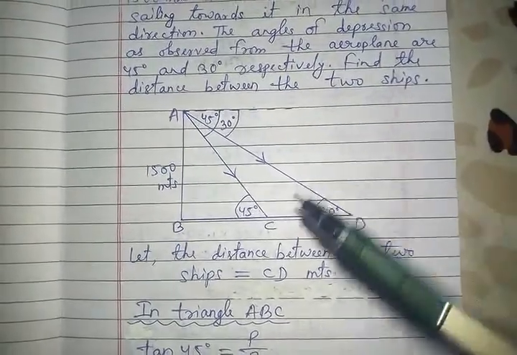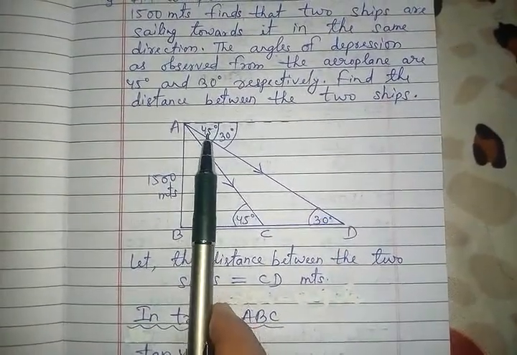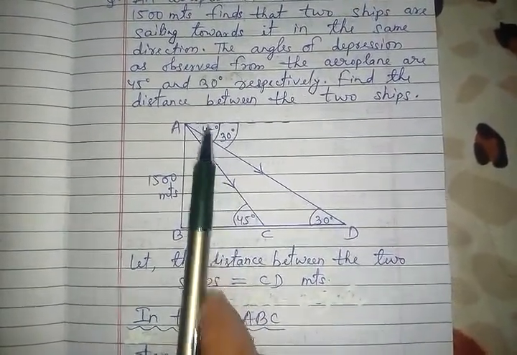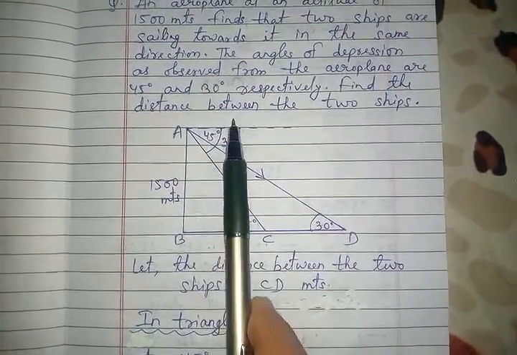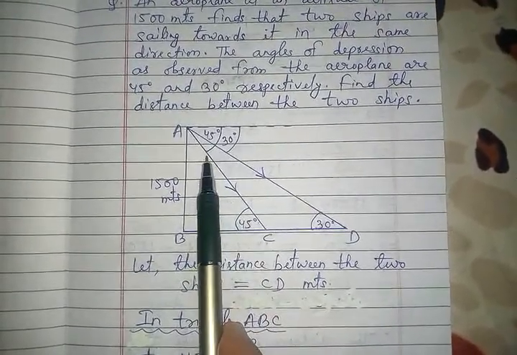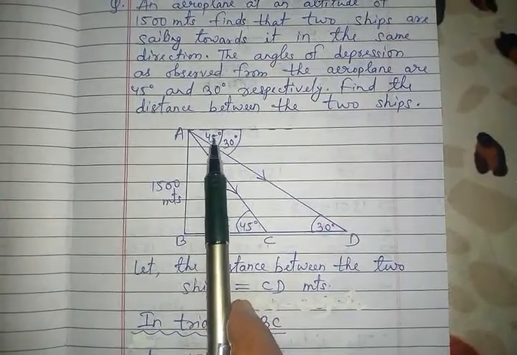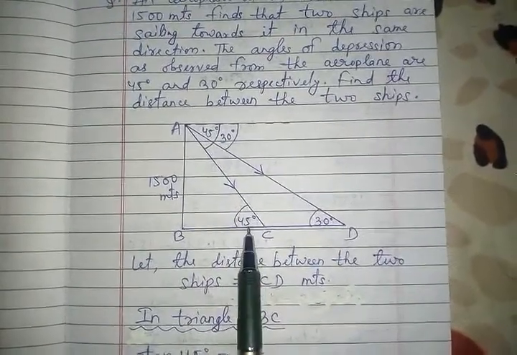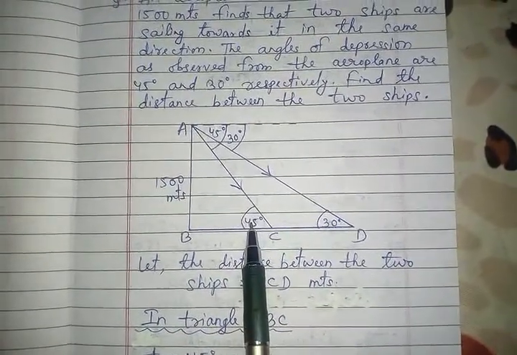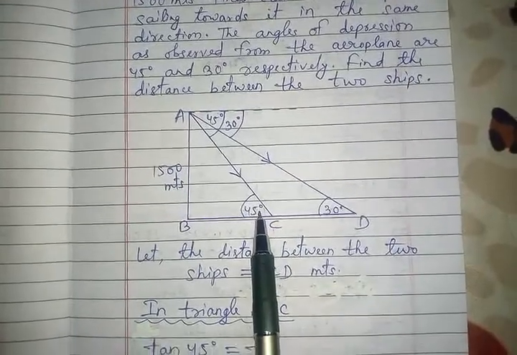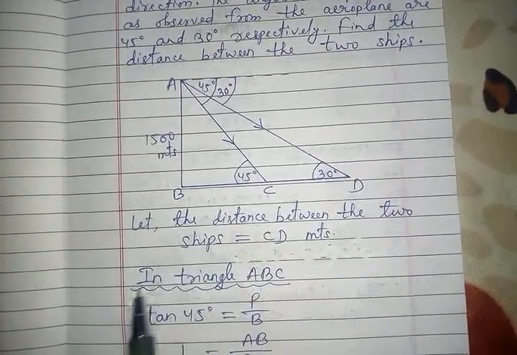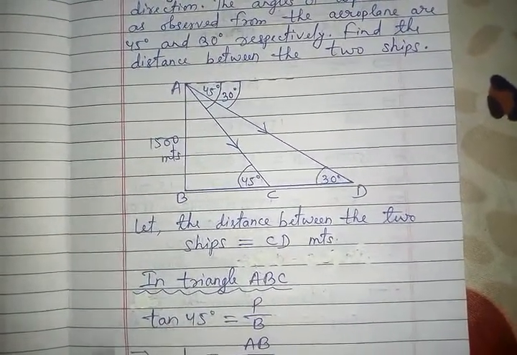Now you might be asking, sir, how did this 45 come here, how did this 30 come here? Actually this 45 and this 45 are alternate angles. If I make 45 degree here, I have no use for this 45 degree, but when it comes inside the triangle, then it works as an acute angle, and that acute angle can be used in sine, cos and tan.